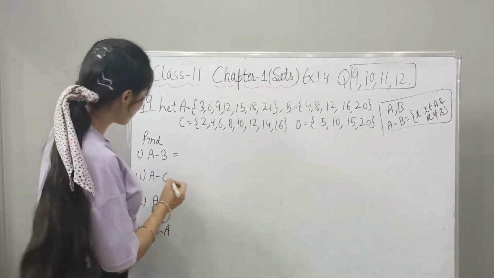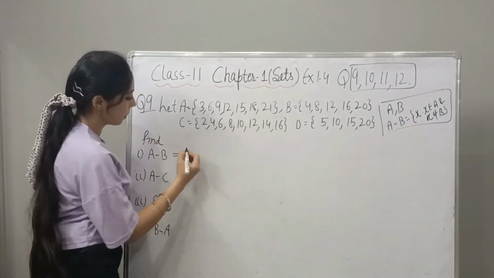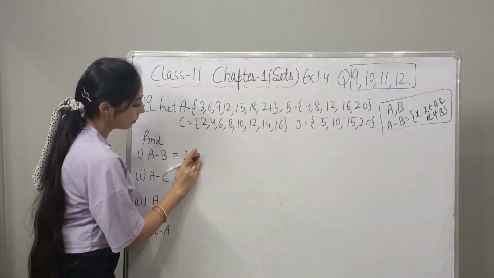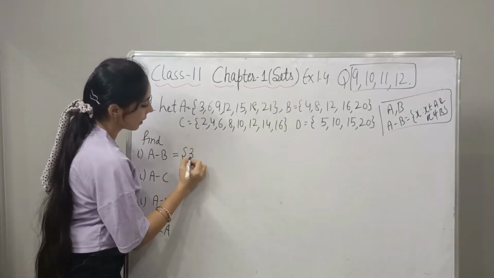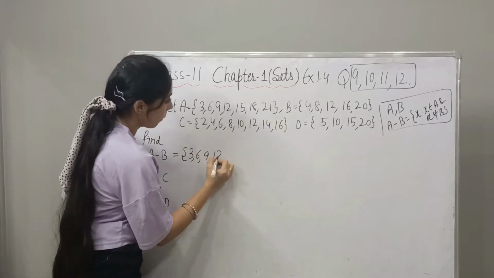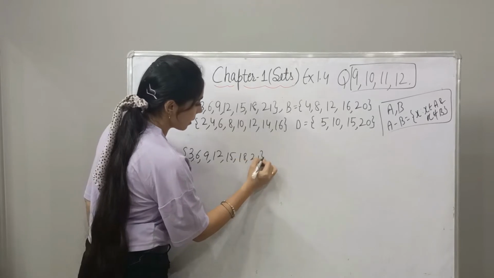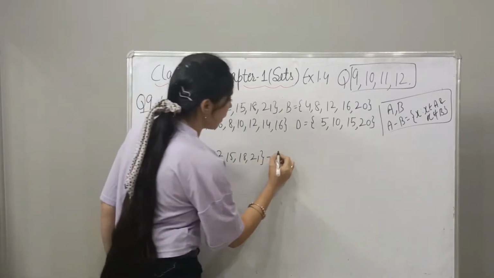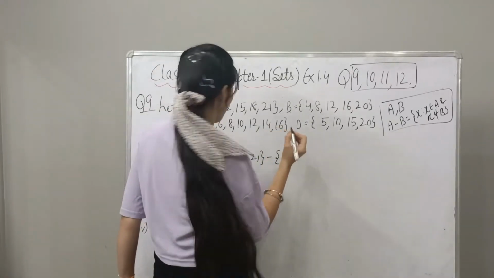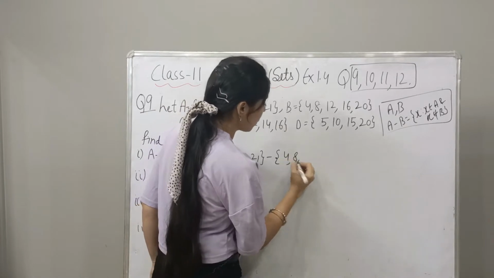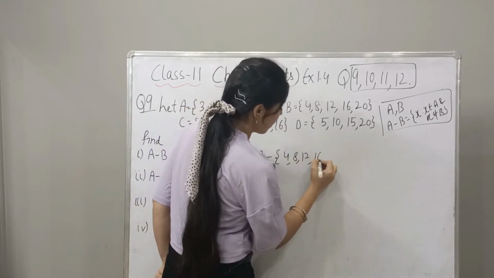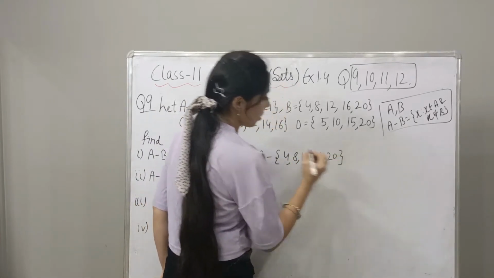So first of all, A difference B. A contains all the multiples of 3 which are less than 24. We have to find the difference with B. B contains all the multiples of 4 which are less than 24.